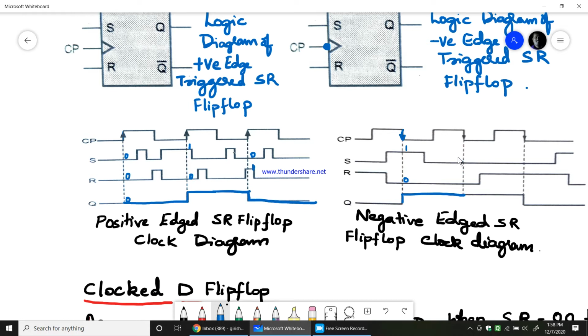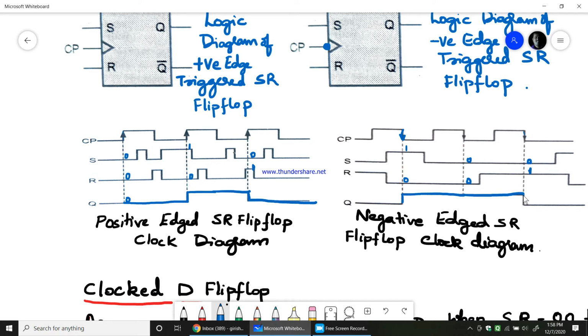Now S is 0, R is 0. When S and R are 0, 0, there is no change. It was in the set condition, so it remains in the set condition until the next clock pulse. When the next clock pulse arrives, S is 0, R is 1.